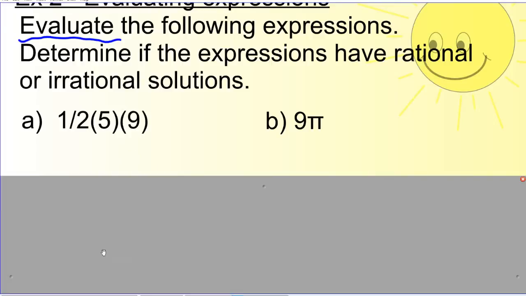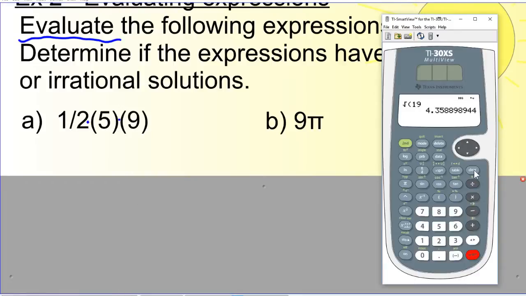Okay, that seems reasonable. So I'm going to take 1/2 times 5 times 9. Now, I know that 1/2 as a decimal is 0.5. That's going to make it a little bit easier for me to type it into the calculator. So I'm just going to type in 0.5. That's my 1/2 times 5 times 9.